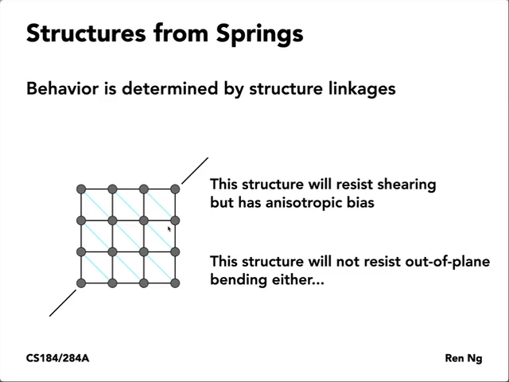So this structure will resist shearing to a degree. Why? Because if you try to pull on the diagonal now, in order for it to shear in the direction that I described earlier, it would cause these two points to have to get closer together and it would compress that spring. So there'd be a spring normalizing force trying to avoid that.